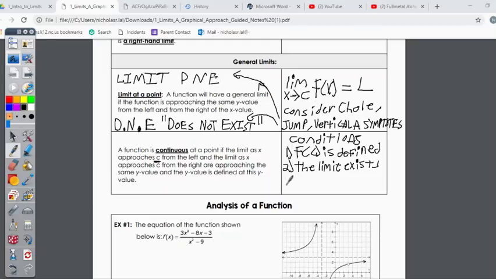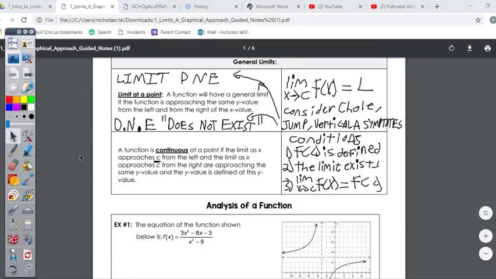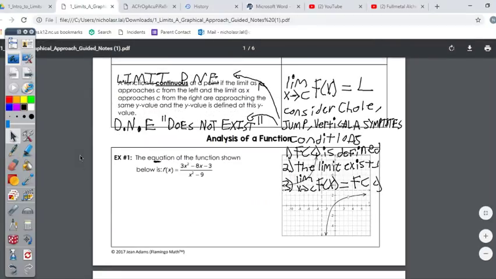So the limit as x approaches c of f of x is going to be equal to f of c. So there we go. And that's just getting our definitions down.